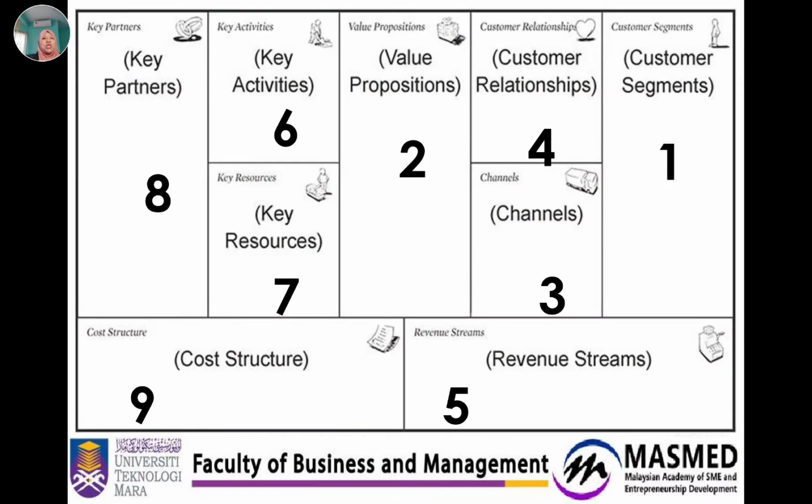So who? We have to start with one, customer segment. Who is our customer segment, and what is the value proposition that we want to provide to the customer? Value proposition starts with the problem. What are the problems that we need to offer solutions to, so that we can give value to the customer?